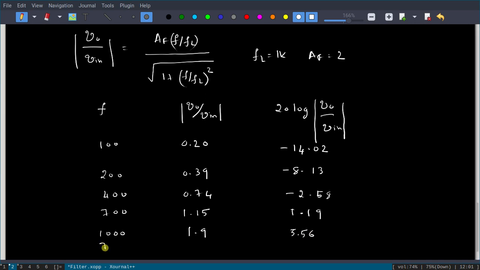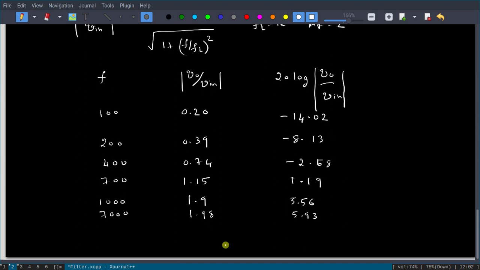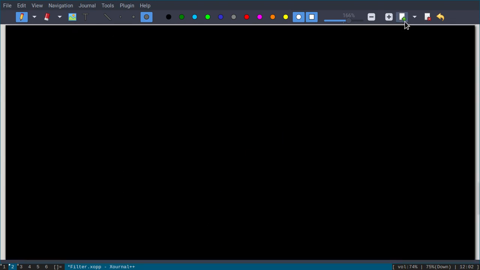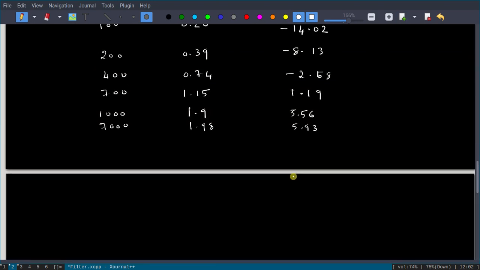Then if you take 7000, this will be 1.98, and this gain will be 5.93. Then 10k, if you take 10k, this will be 1.99, and your gain will be 5.98.